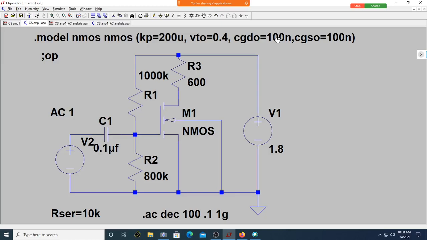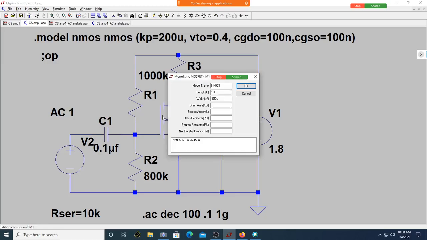So now it is 100 nanofarad per meter multiplied by the width of the transistor. You can see the width of the transistor is 450 micrometer. Then this meter will go off. You will end up with 100 exponential minus 9 into 450 exponential minus 6.